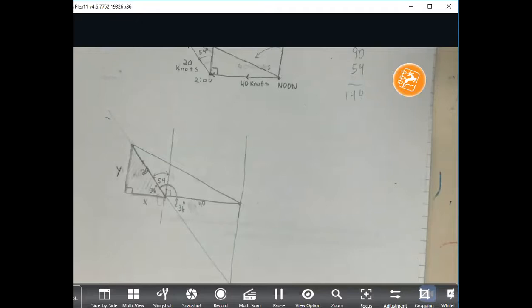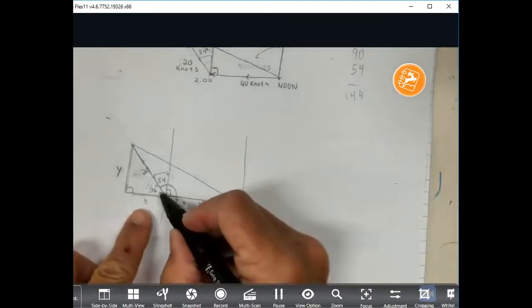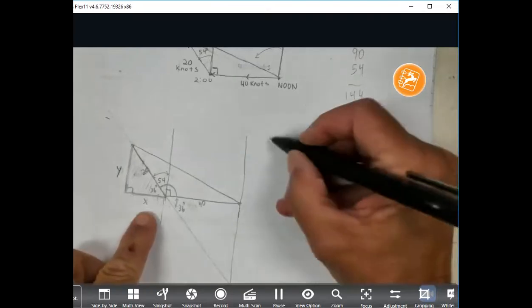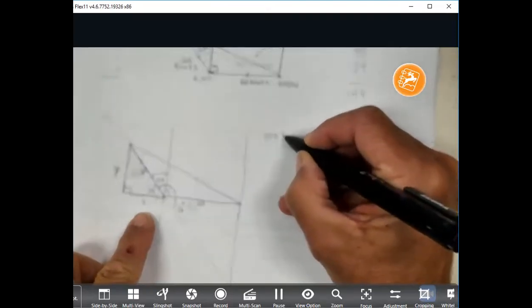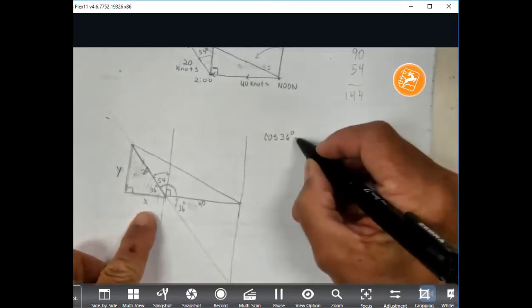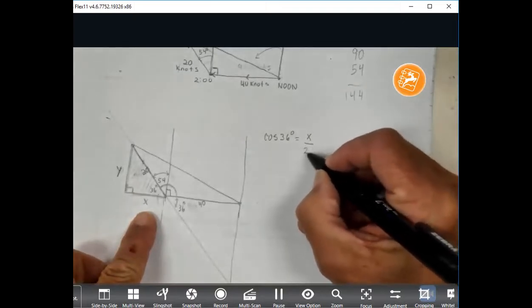You see that little shaded triangle? We can find both X and Y. So let's get X. X is adjacent to the 36-degree angle, and 20 is the hypotenuse. We're going to use cosine. So the cosine of 36 degrees is adjacent over hypotenuse.